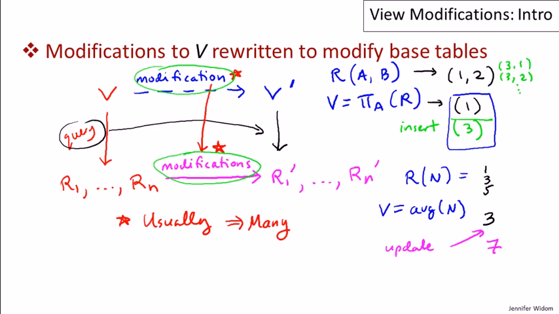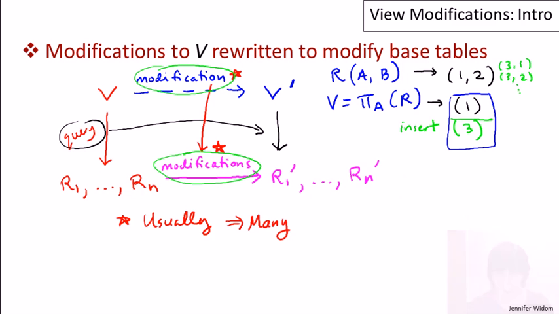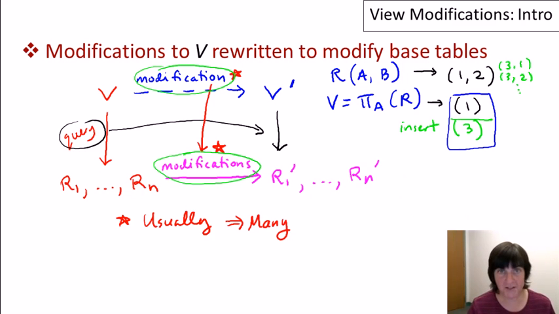Well, how do we update the base data so that its average is now 7? Well, as you can imagine, there are many, actually an infinite number of ways to update the base data so that the view average would now be 7. So that's the crux of the problem. How do we decide which modifications to make to the base tables so that we get the desired modification to the view? Correctness is not so hard to achieve, but resolving ambiguity can be.